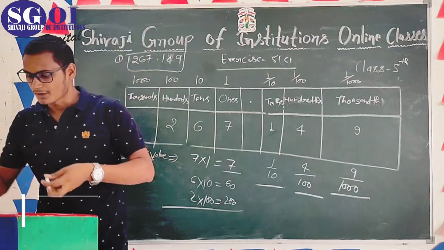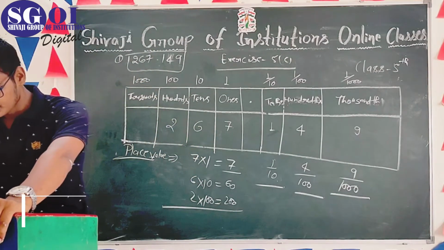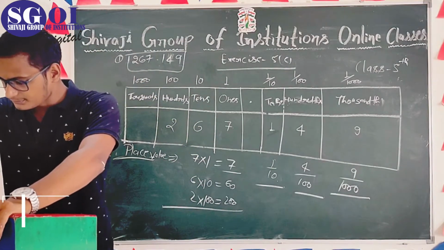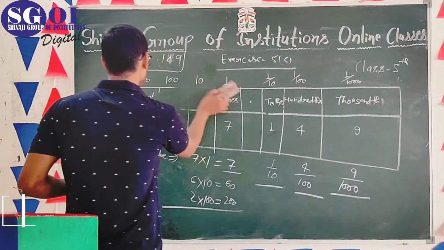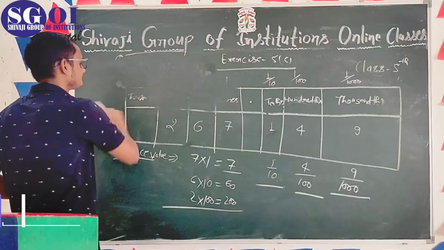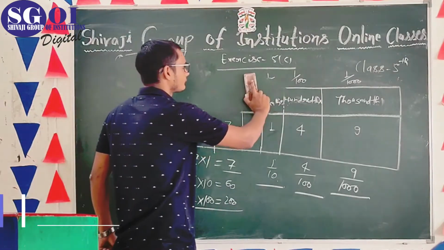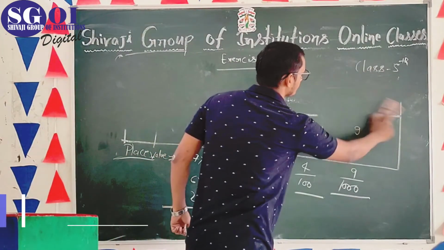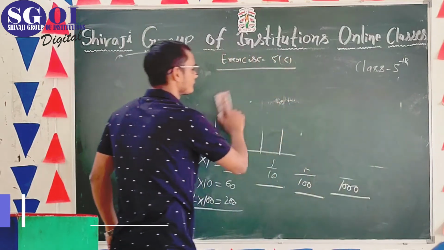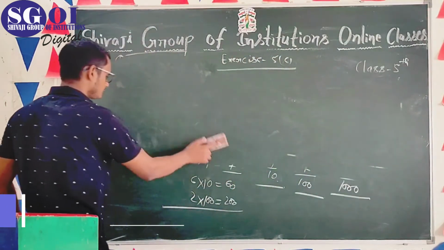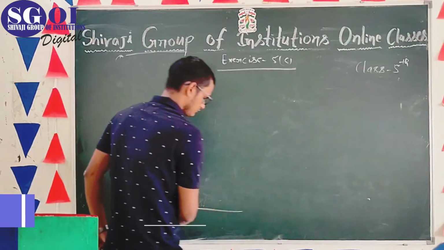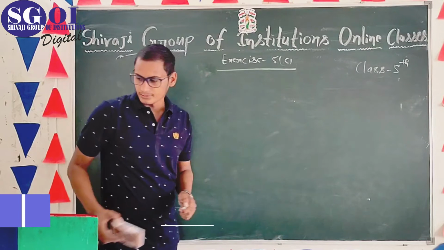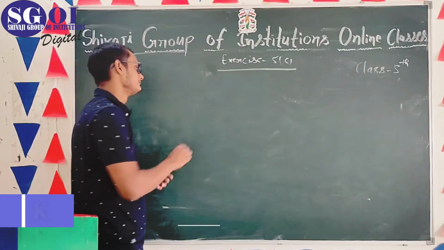So now come to our first question. Write each of the following decimals in the expanded form. Question number 1, 16.5.